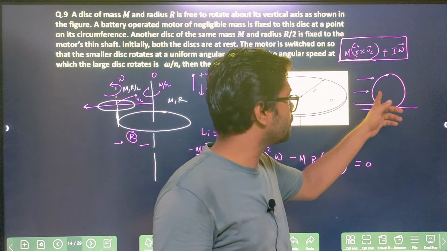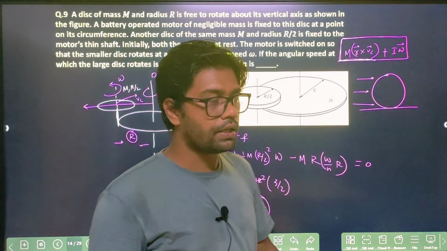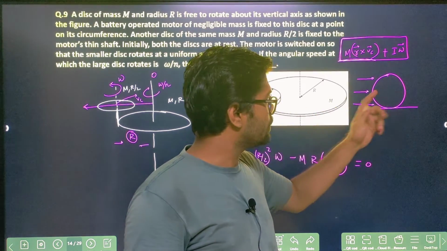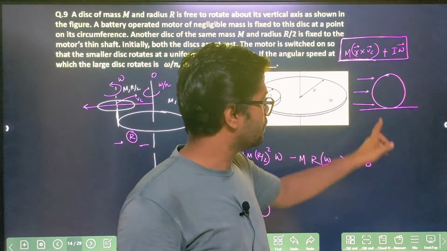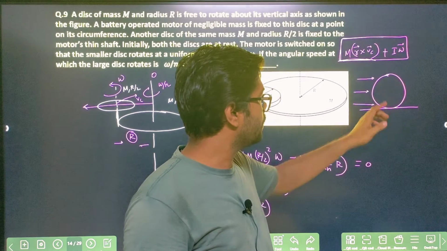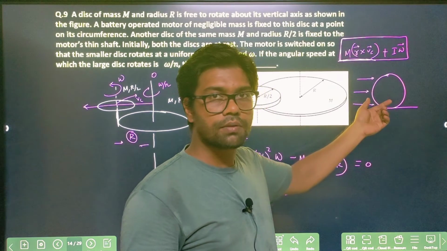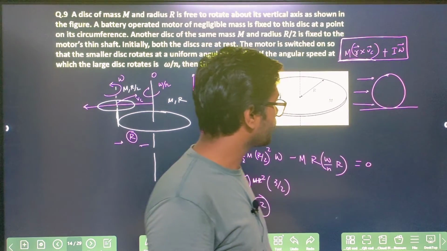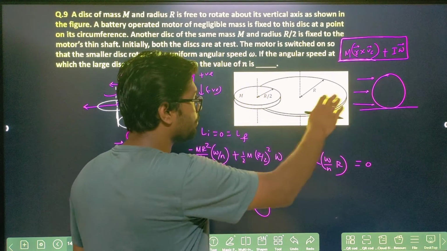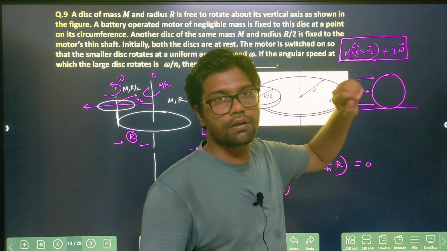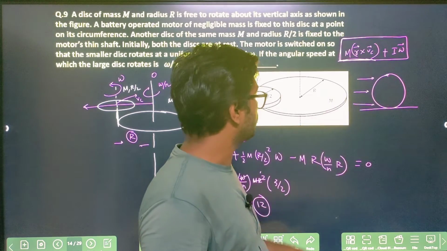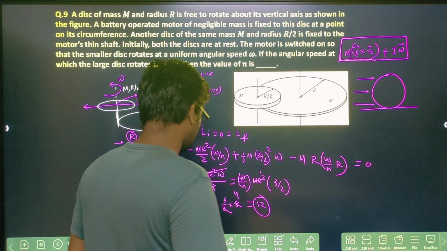The same type of problem came in this IIT Kanpur model question paper, JEE Advanced this time. So there also we have to apply this type of formula to find out the angular momentum conservation, right?